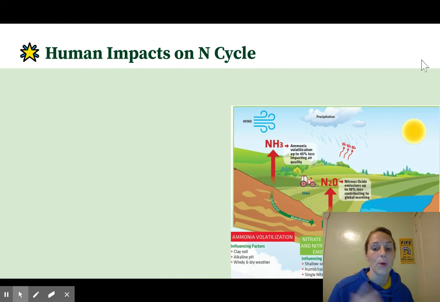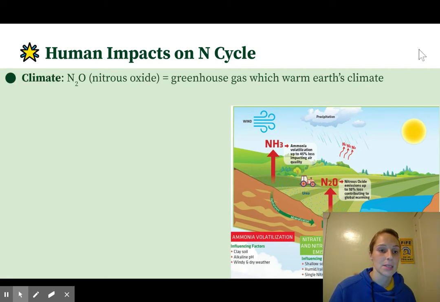Now, an important aspect of the nitrogen cycle is how humans impact it. In the climate, out in the atmosphere, you have nitrous oxide, and this is a greenhouse gas. Greenhouse gases trap the warmth from the sun, which ends up warming Earth's climate.